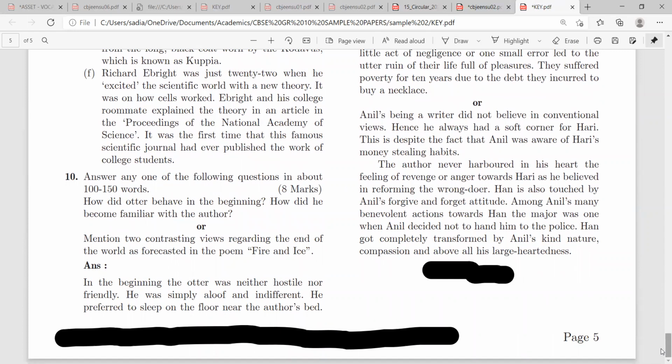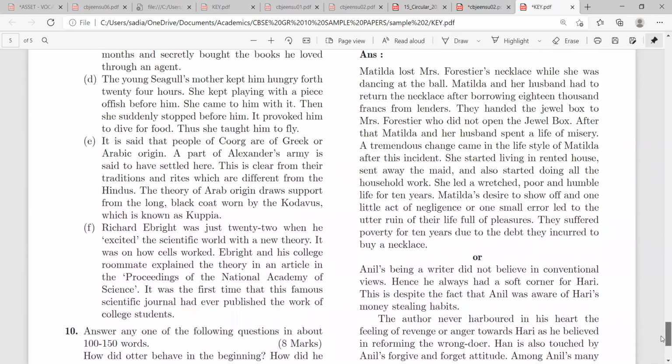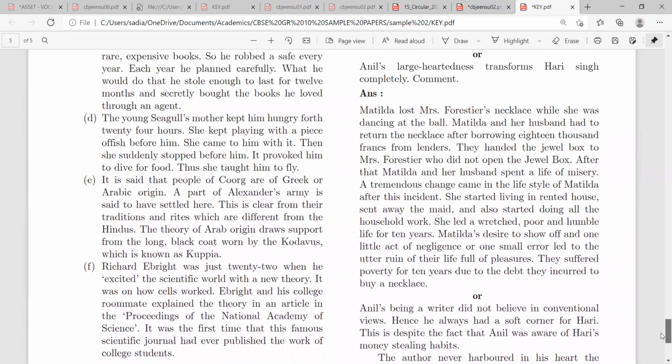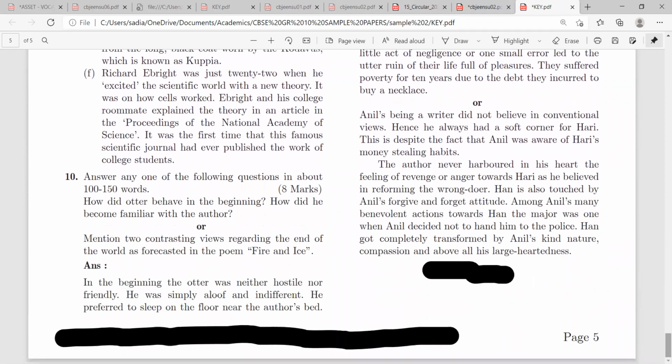Suppose, for example, you're writing the answer to the given text, begin with the writer's name. Do not begin with 'in the story' because the structure may not fit in well with all the information that is required. So always begin with the writer's name and then make sure you know what type of literature or form of literature is used.